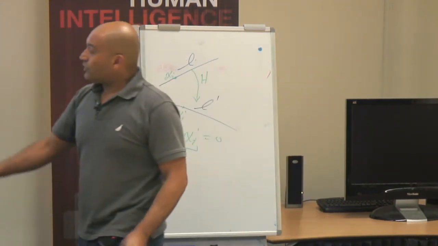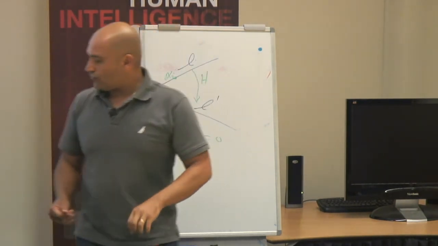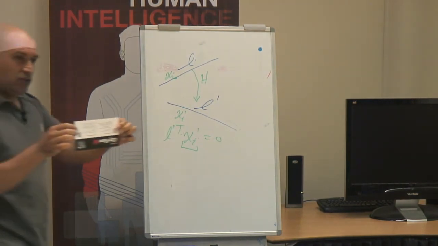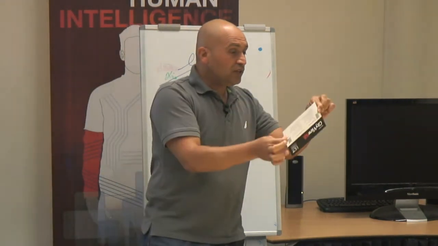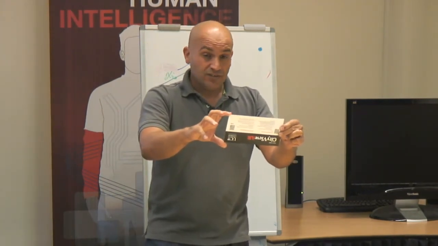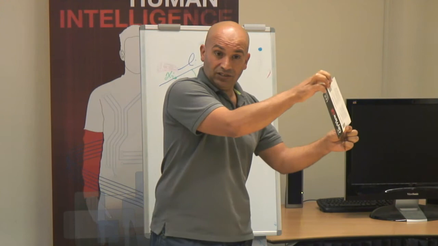The length is preserved, the angle is preserved, and the area is preserved. This is a very, very limited transformation. The only thing you can do with the object is rotate it and translate it.